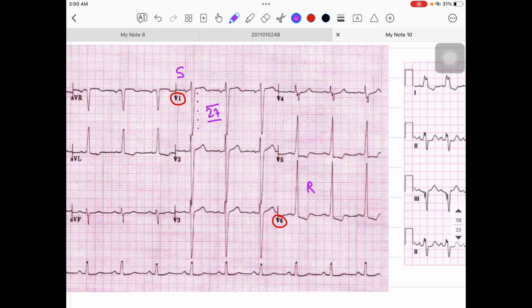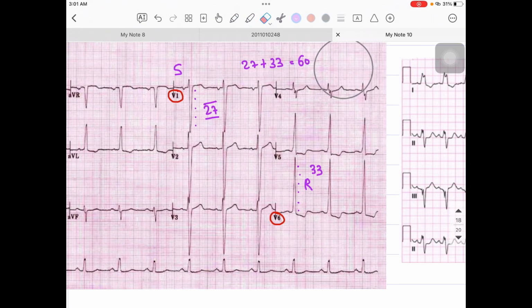If we count the R wave in V6, 1 2 3 4 5 6, almost 6.5, so around 33 small boxes are there. So 27 plus 33, around 60 small boxes.